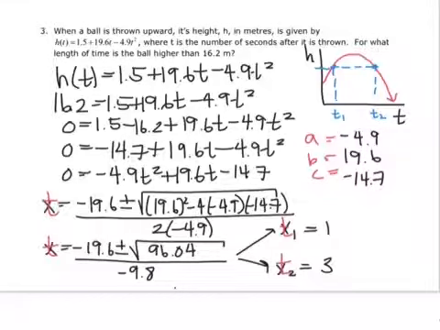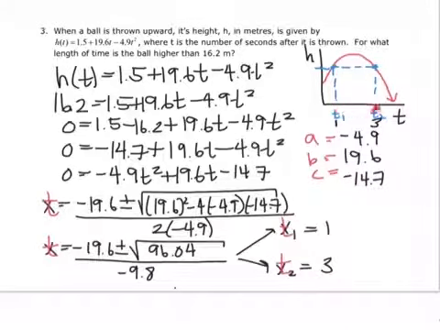So if we go back up to our graph that we made, the first point at which the ball reaches a height of 16.2 is at 1 second, and the second point is at 3 seconds. So if I fill this in here, the first point was at 1 and the second point was at 3. Well, the question is, for how long is this ball over the height of 16.2 meters? And that answer would be 2 seconds, because the first time it hits it is at 1, the second time it hits it is at 3.